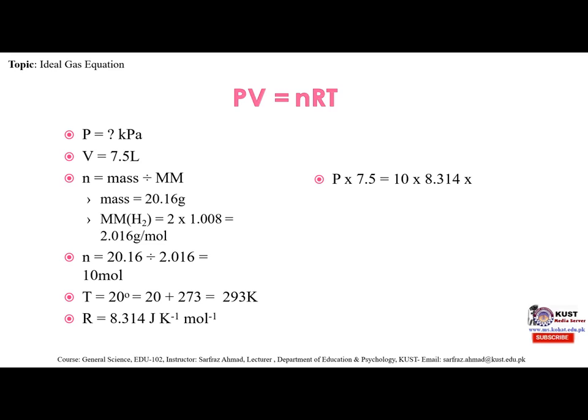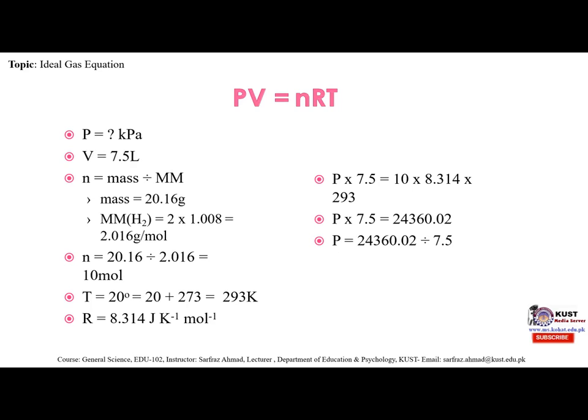We just use the equation PV is equal to nRT, and this is P, and the value of V is 7.5, n is 10, R is 8.314, T is 293, and P into 7.5 is equal to 24360.02, which came after multiplication.